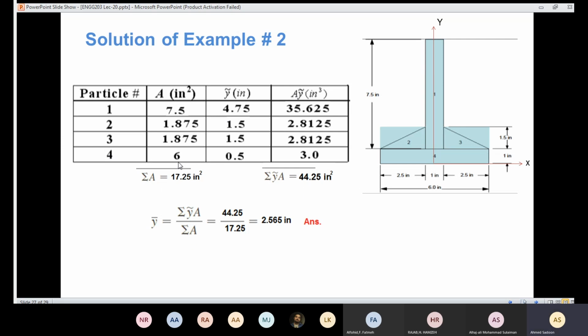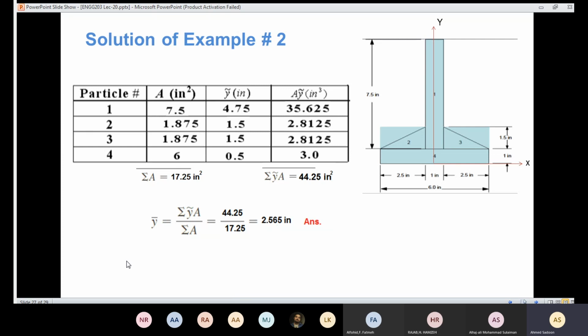So this value came out to be 2.565. 2.565 is more than that distance by just a little. So in the beginning of the problem, I made a guess, and according to my guess, I believe that value is correct. It's very important to make a guess so that you will be able to know whether your work is correct or not.